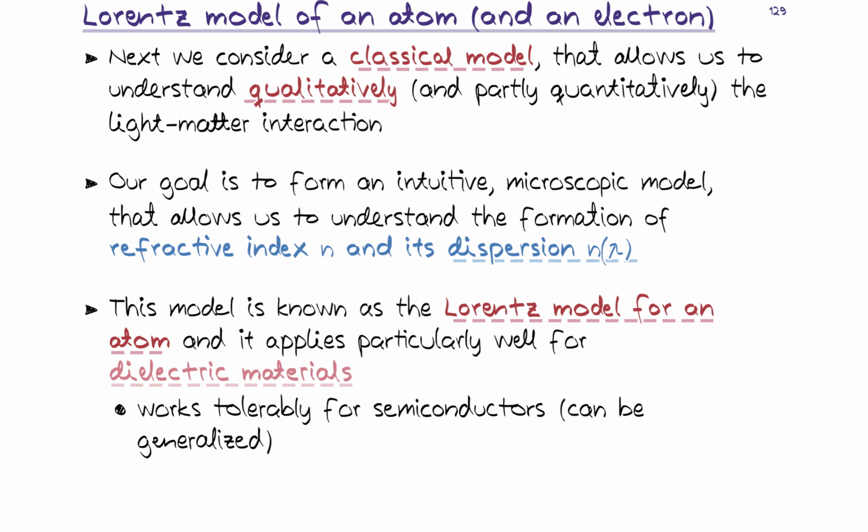We will need to replace the mass of an electron bound to the atom with the effective mass. And the effective mass is a concept that arises from the periodic structure of the material. This is particularly important in semiconductors. So it's really the electronic band structure that dictates effectively how massive the electron or hole is that is oscillating inside the material. So this is how we should generalize things.